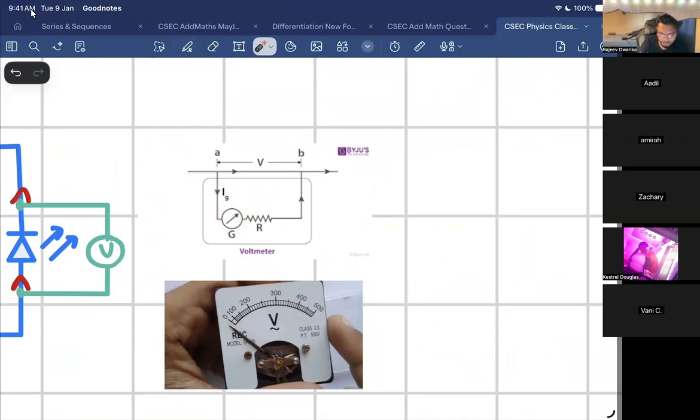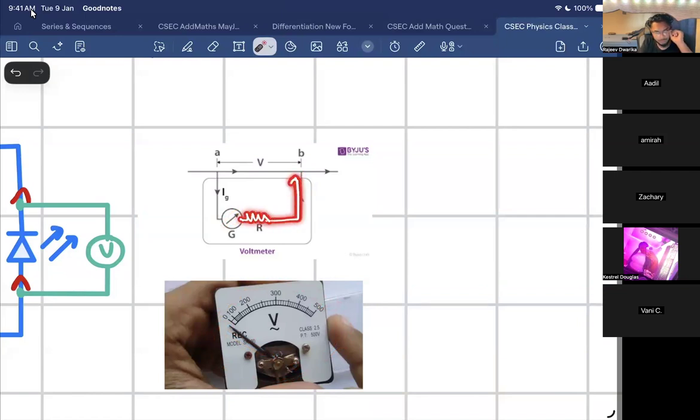Inside the mechanism itself, it has a very high resistance in series with it. Internally, you see this component here? That's the galvanometer. It has a very high resistance connected to it in series.